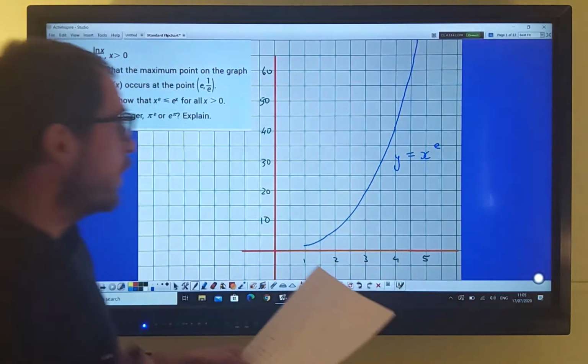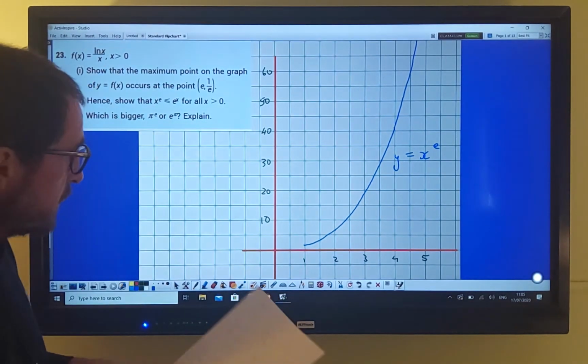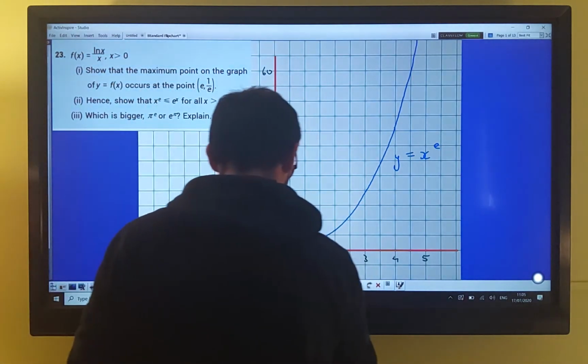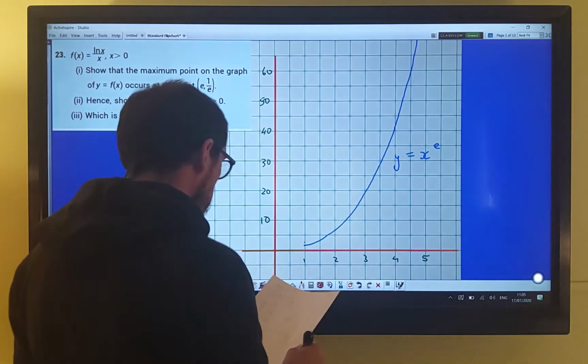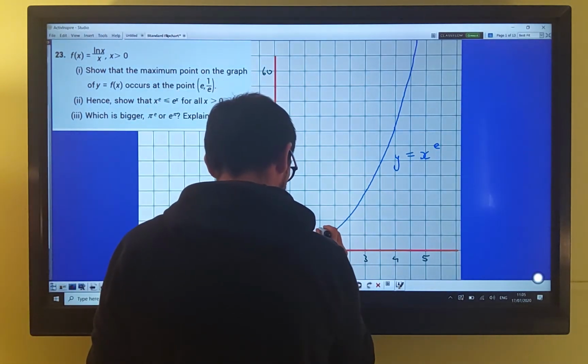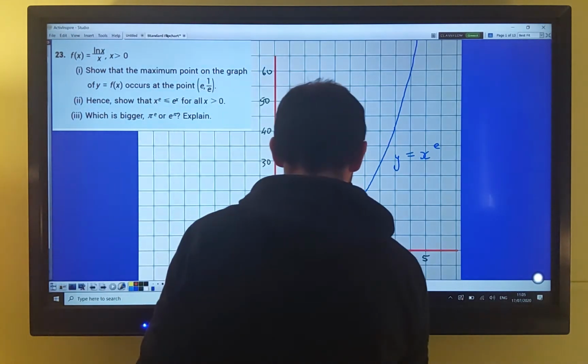That's y is equal to x to the power of Euler's number. I'm going to do the next one now in red. And this is Euler's number to the power of x. So it starts off at 2.7, so we do that there. Then we have 7.389, roughly there.